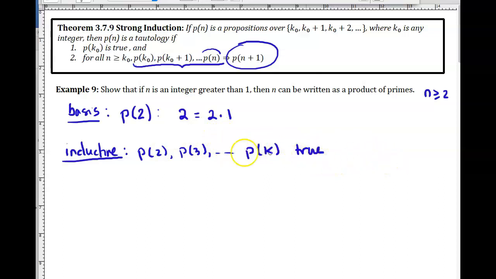We're going to assume that all of these can be written as a product of primes. And we want to show P(k+1) is true. Basically, this means: can I take this integer k+1 and write it as a product of primes?